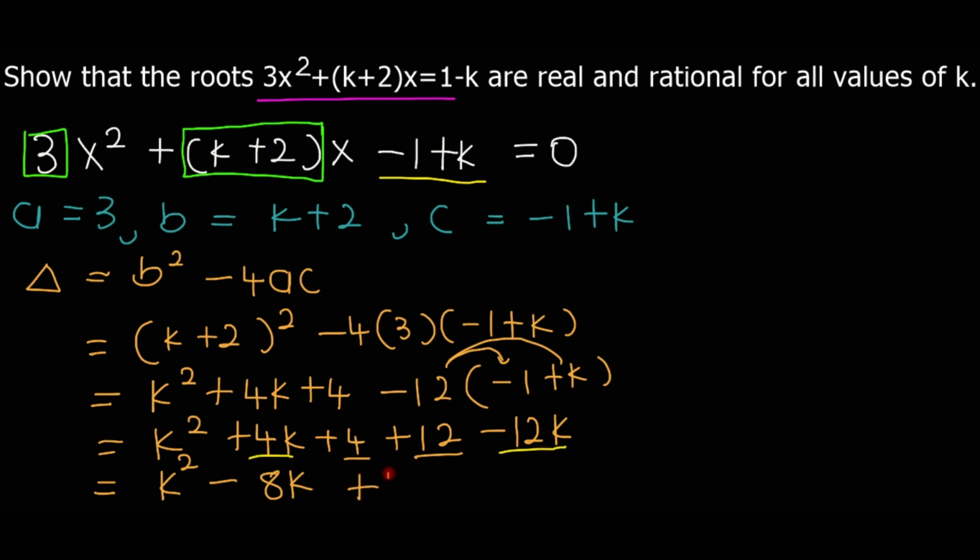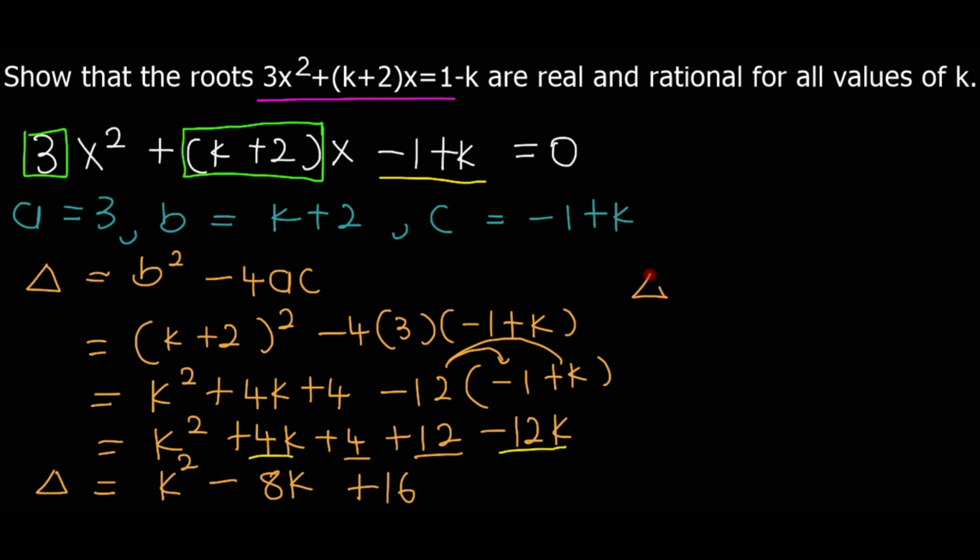So we have k squared minus 8k plus 16. But note something: we expect the like terms to be added together, but this is not the case.